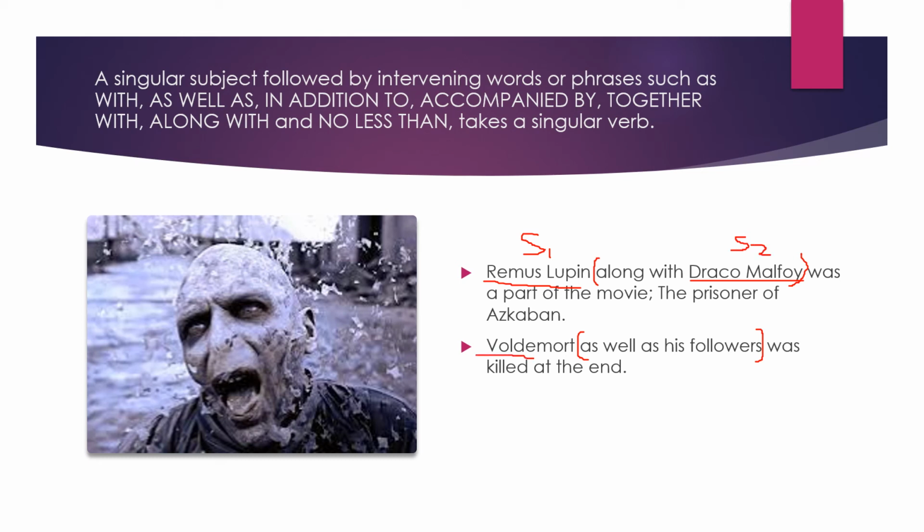Similarly, Voldemort is subject 1 and his followers is subject 2. So what we are trying to say is that whenever we have a word like along with, and in this case it is as well as.